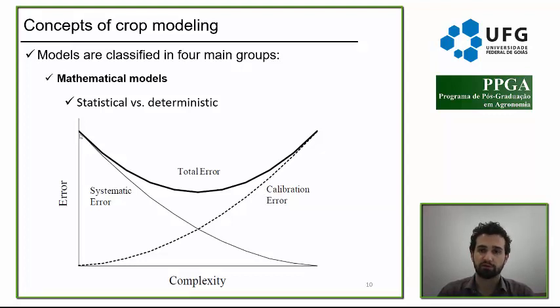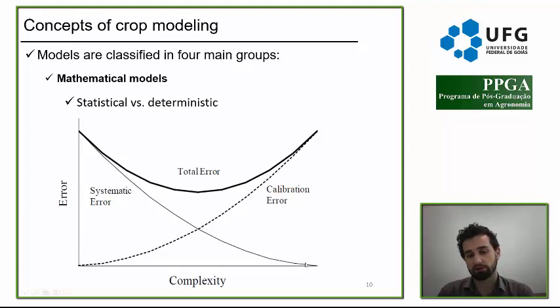I'm looking at a very simple image of our system, and a lot of things that are important for the final result are not included, are not being represented in our system, and this can create a systematic error because this is not a good representation of our system.